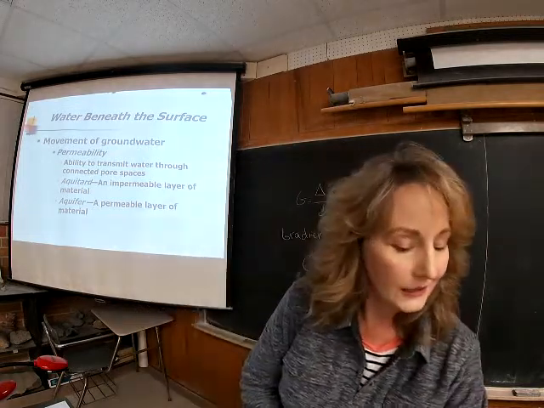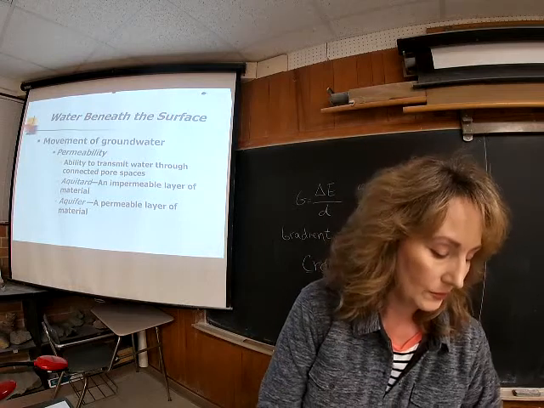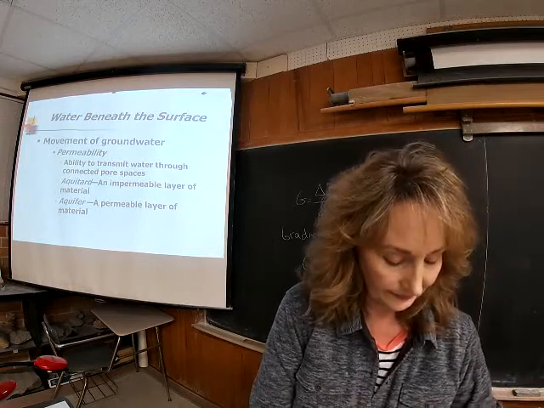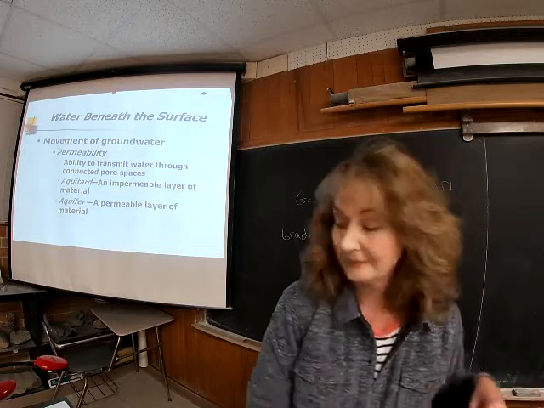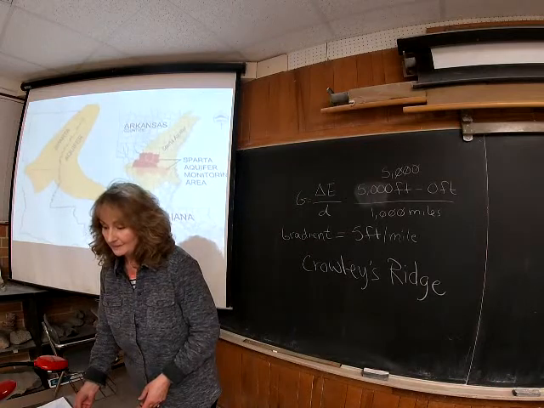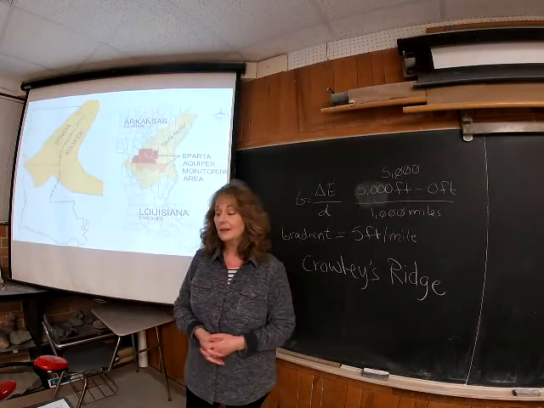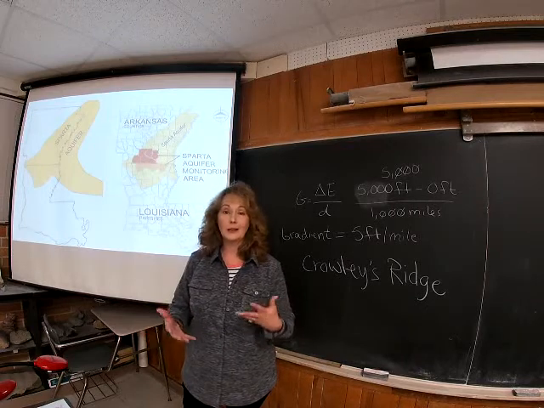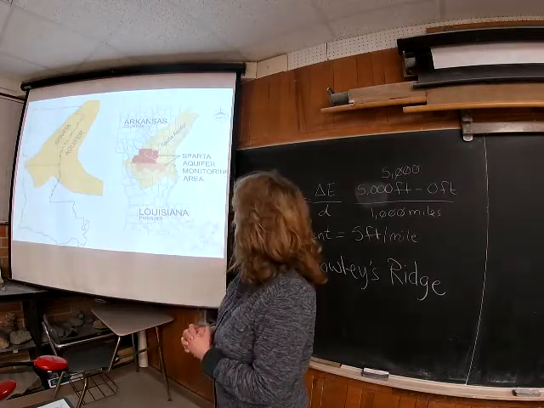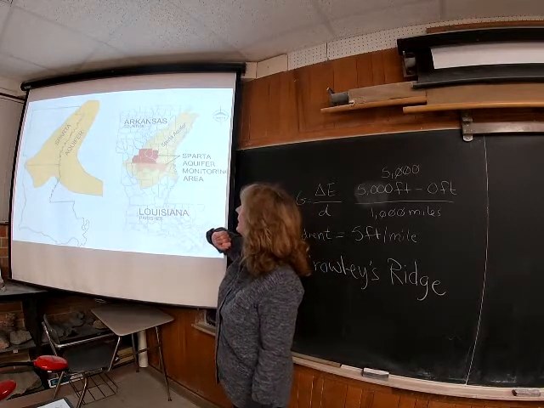I'm trying to think. I think I do have a picture of the aquifers. Yeah, here. That we have here in Arkansas. The Sparta is the one that, of course, Monticello uses. Drew County uses that one, called the Sparta aquifer. Okay.